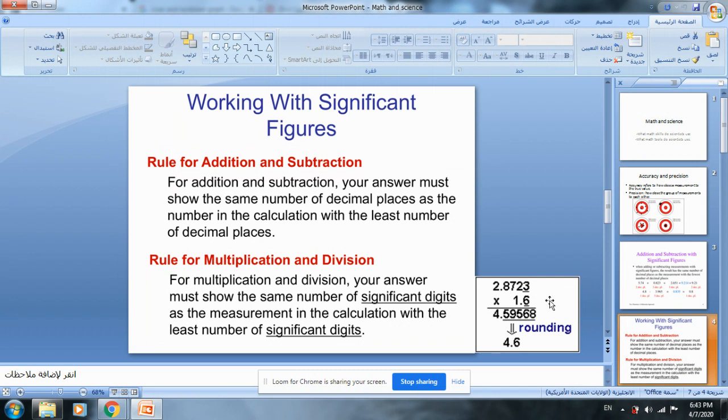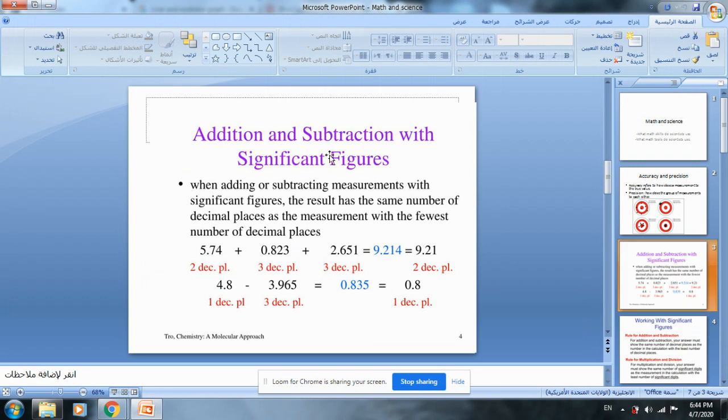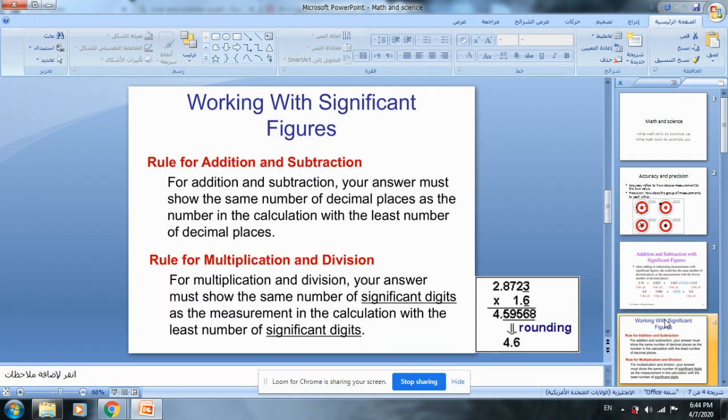Now, what is the difference between significant figures and decimal places? I'm telling you this difference so as not to make you confuse addition, subtraction, and multiplication. Here in this number 1.6, we have two significant figures.